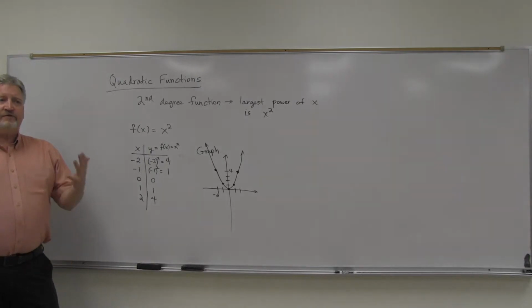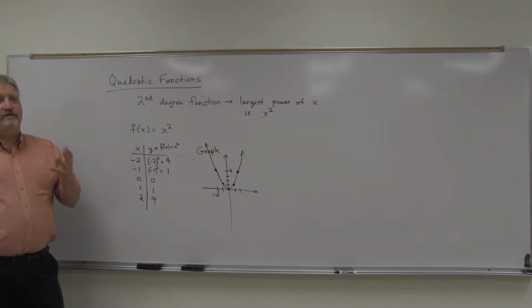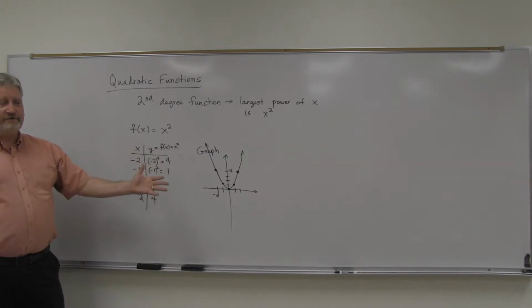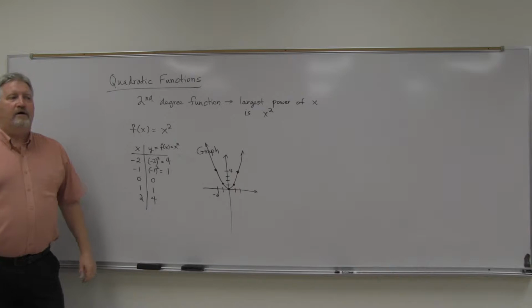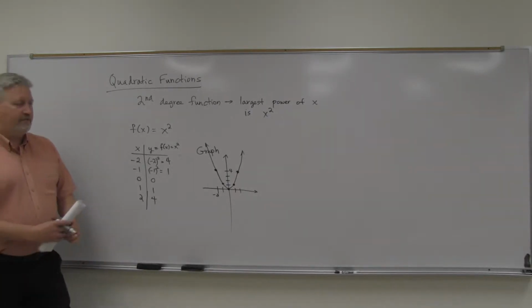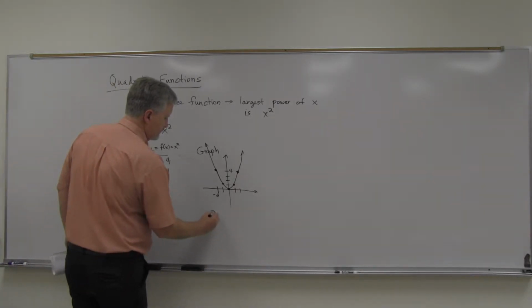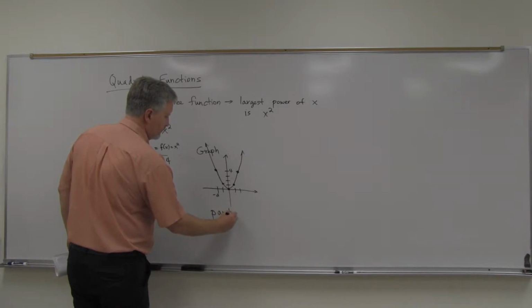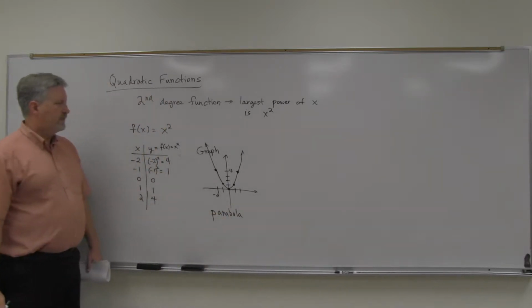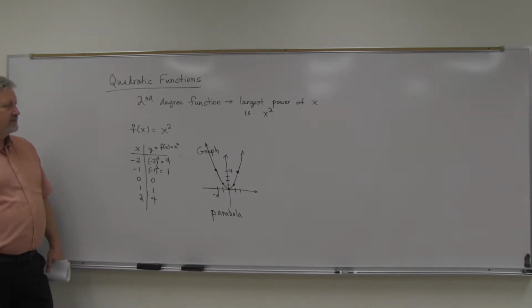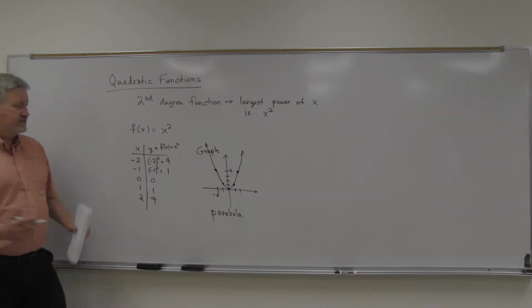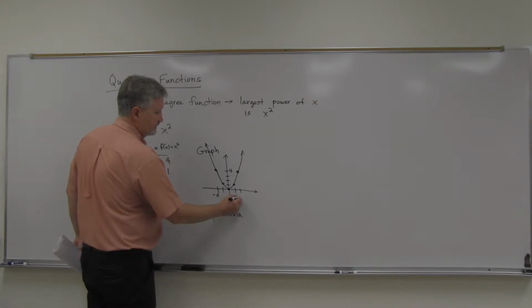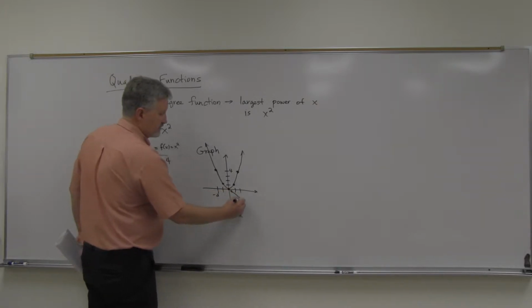Okay? So this is a pretty good example of what a quadratic function's graph looks like. f of x equals x squared. This is what, basically, all quadratic functions look like. It's called a parabola. One of the key components of a parabola is this. In this case, it's the lowest point. It's called the vertex.